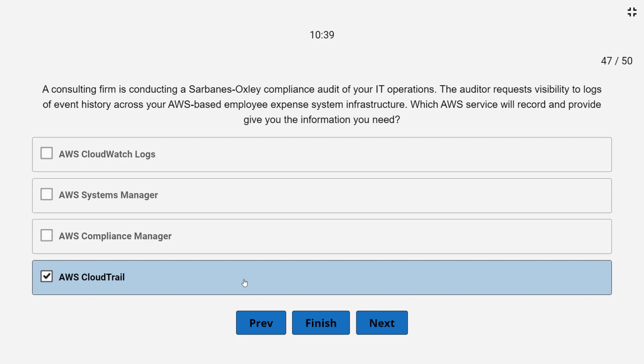I think we spent a lot of time on this before. CloudTrail, remember, keeps logs on user activities, whereas CloudWatch is for the machine.